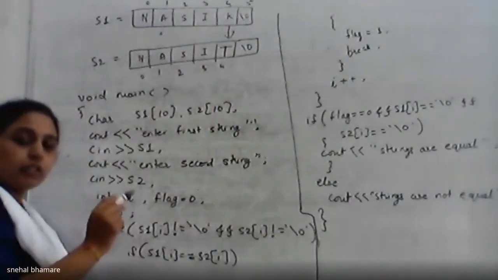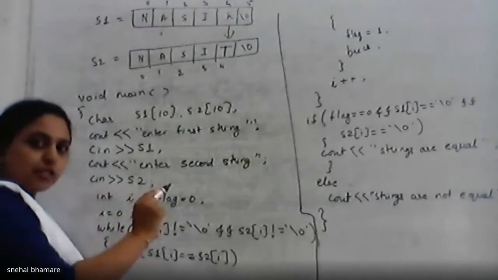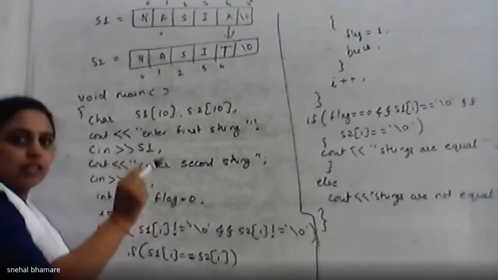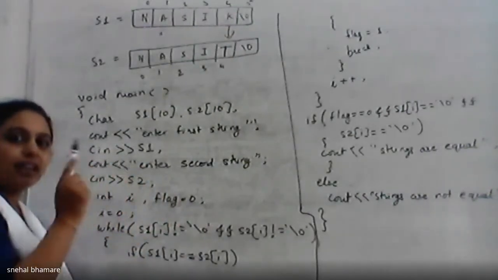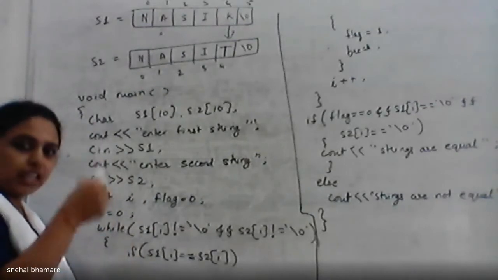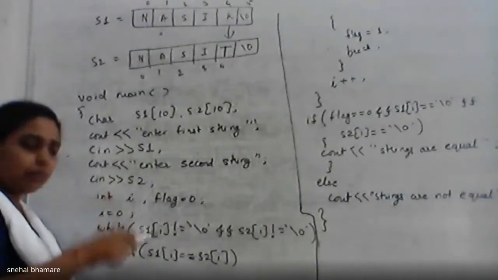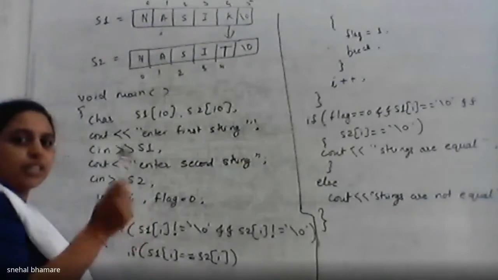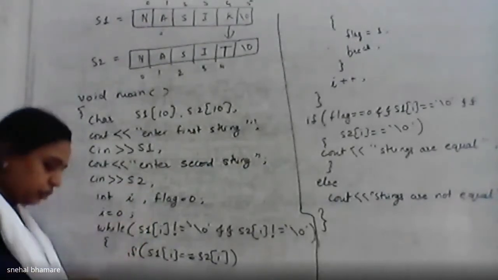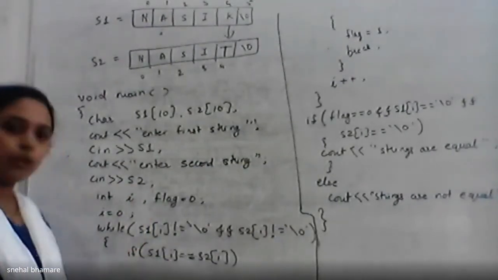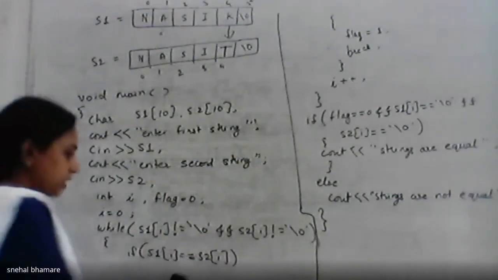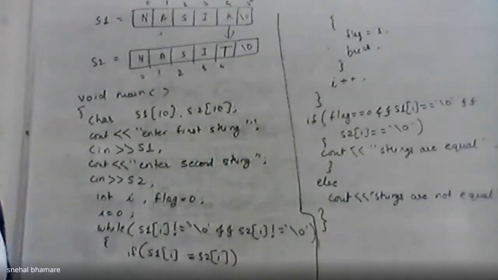Hence, we have to check this complete string till the end of the string. That is, we have to compare all the characters in the string. We have to check it character by character, and then only we can display the message whether it is equal or not, right? So, instead of going for the equal to condition, I'll write the opposite condition, that is not equals to.